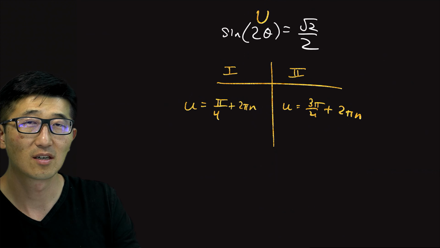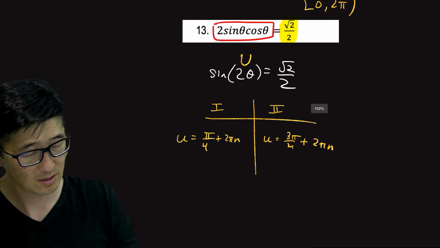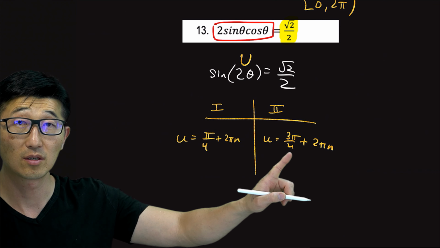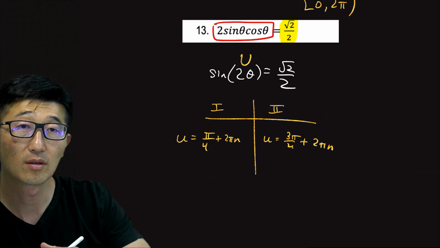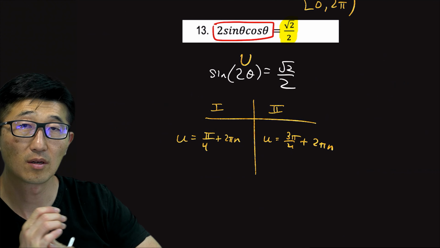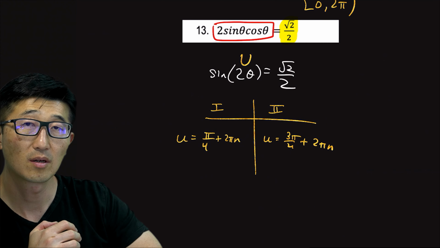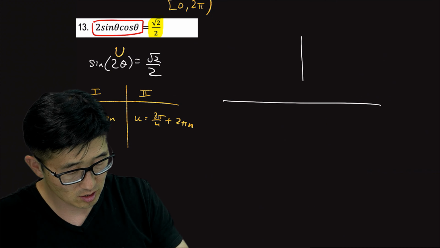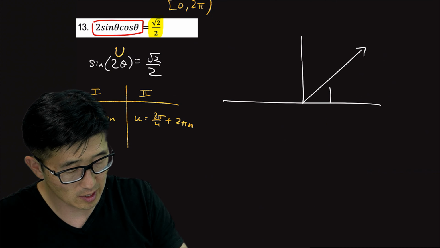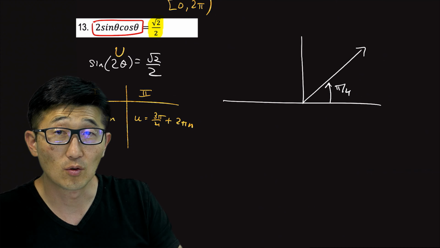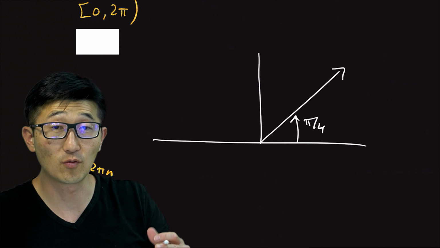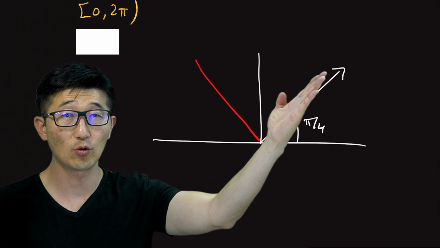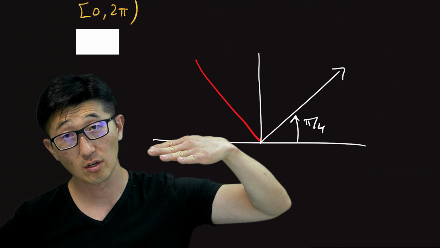So I was a little confused. For the 3 pi over 4 plus 2 pi n, it would be pi fourths away from the horizontal line, right? So this would be pi over 4. So that means you break it out into 4 equal parts. So this would be 1/4, 2/4, 3/4, and what? Oh, okay.